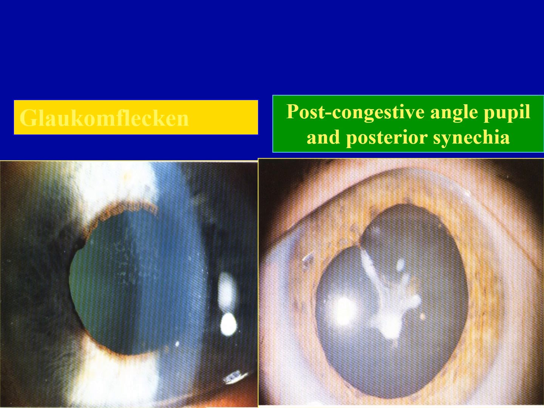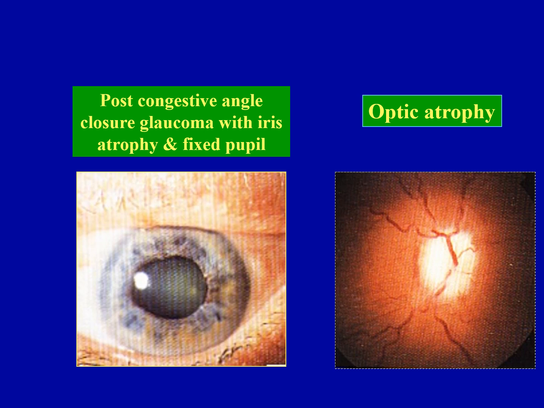In this picture, you can appreciate a post-congestive angle pupil, and you can appreciate the posterior synechia. Iris is atrophic and glaucoma fleckens are present. In the left-hand picture of post-congestive angle closure glaucoma, you can appreciate the iris atrophy.